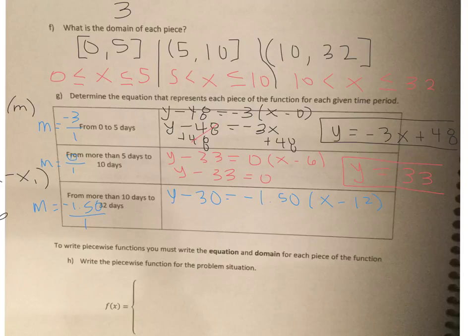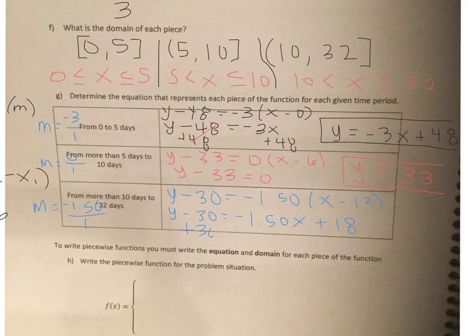Now distribute your -1.50. That's going to give us y minus 30 equals -1.50x. Okay, negative times a negative will become a positive. And 1.50 times 12 is 18. Okay, and then solve for y.